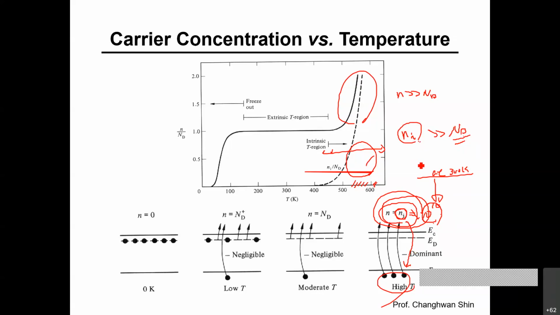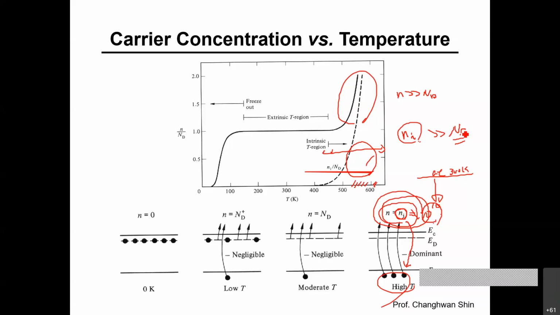Previously I mentioned that at very high temperature, the silicon material becomes intrinsic, even though it has tons of donors and acceptors, impurity atoms in it, but it doesn't matter. Temperature matters. So depending on the temperature, the doped silicon material can become intrinsic.